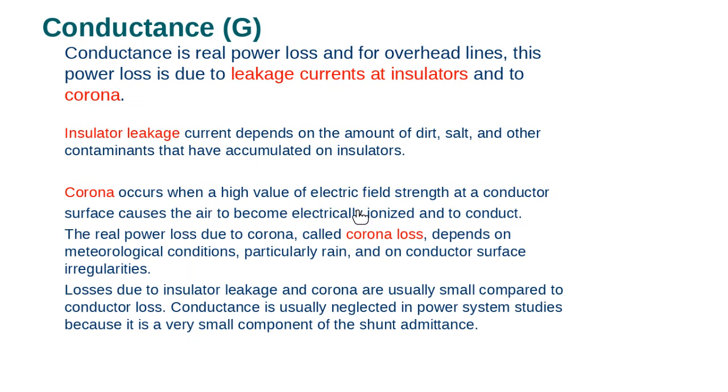So corona occurs when high electric field strength at a conductor causes air to become ionized and conduct. Therefore, conduction occurs. There is a real power loss, because there is a conduction, a current. So that's power loss through the insulator or between the conductor and another conductor.